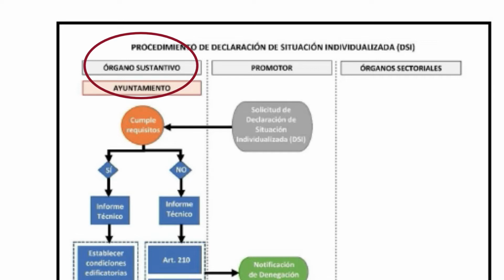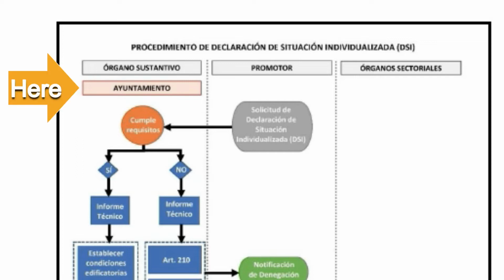However, there is another body, which is the one that has the final say, and that's the órgano finalizador, sort of finalizing body. And let's have a look at that column. So in the individual declaration procedure, the ayuntamiento, the council, is the entity which takes that initial decision. Okay, so that's the beginning of that column.